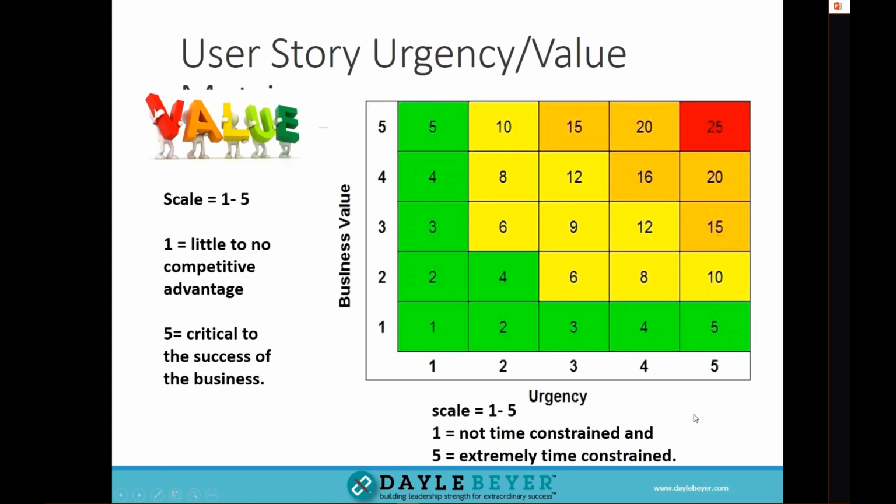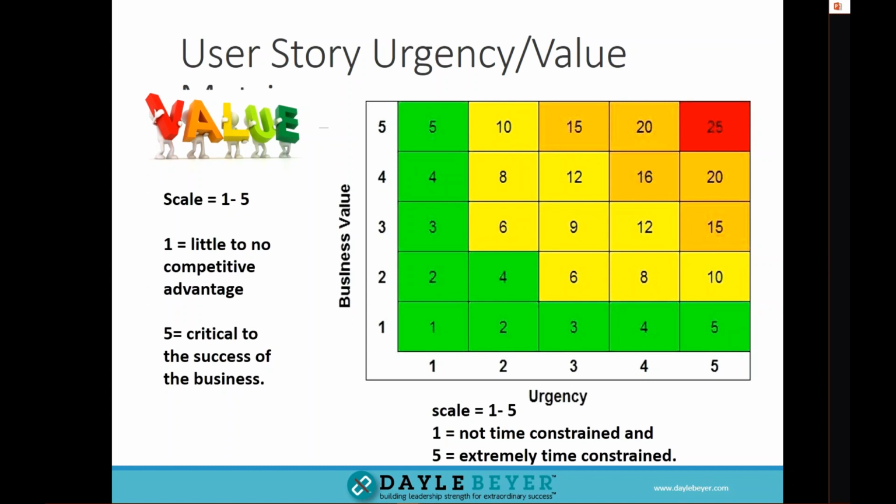And then we would also define a 2, a 3, and a 4. As an example, if I was going to look at urgency, I could say a 4 is highly time constrained, a 3 is moderately time constrained, and a 2 is minimally time constrained.